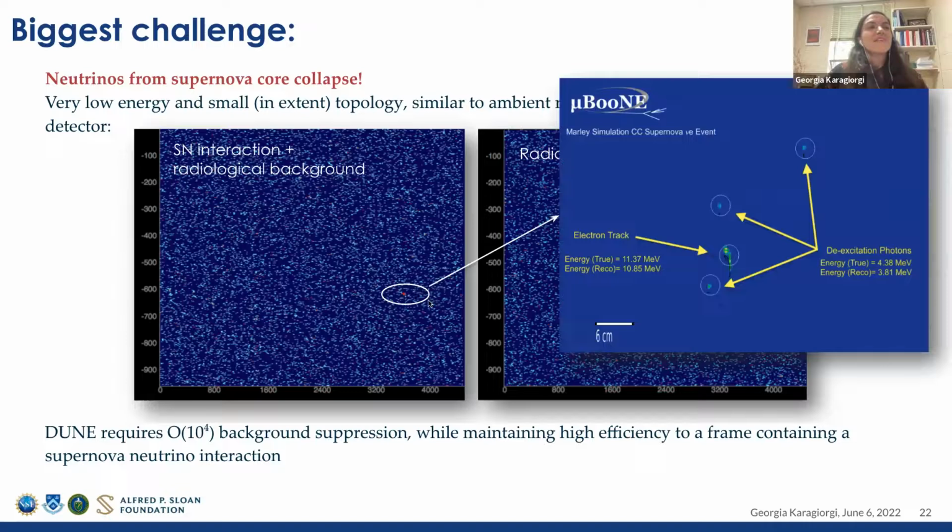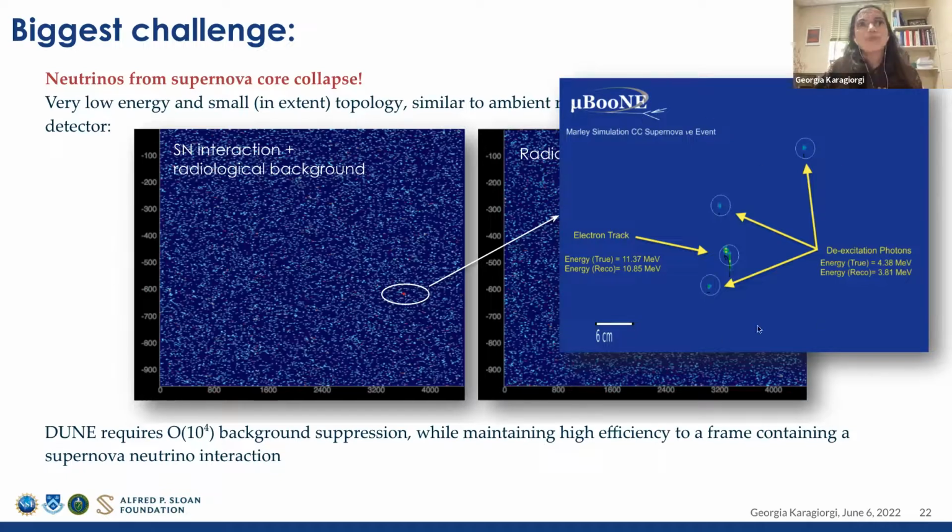Now, if we find these interactions, we also need to save them. We need to save the corresponding data with sufficient resolution so that we can zoom in much, much more closely later on, in which case we will see, after we suppress lots of the ambient noise in the vicinity of that interaction. So this is zooming in now from a couple of meters to a 6 centimeter scale.